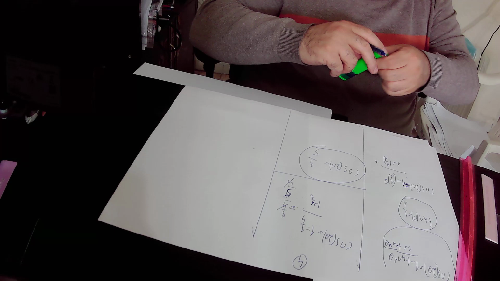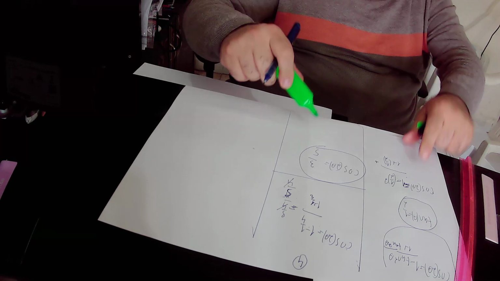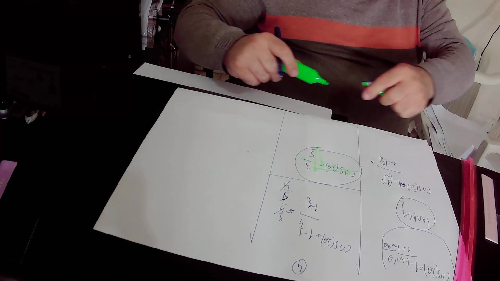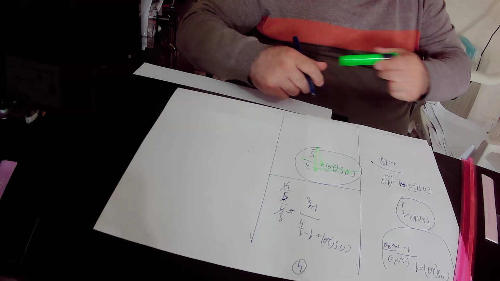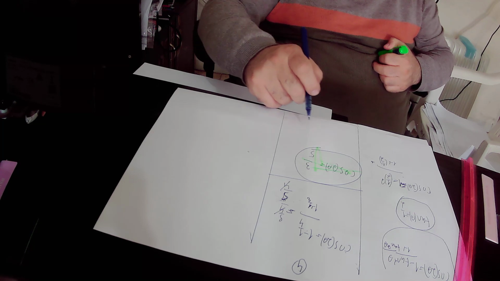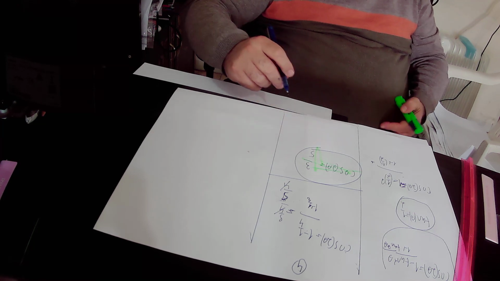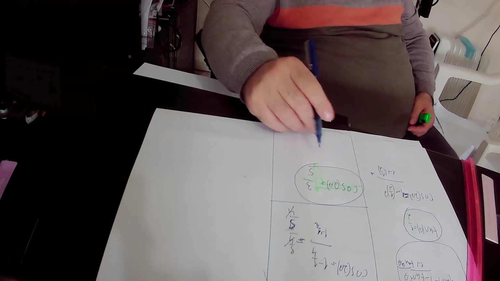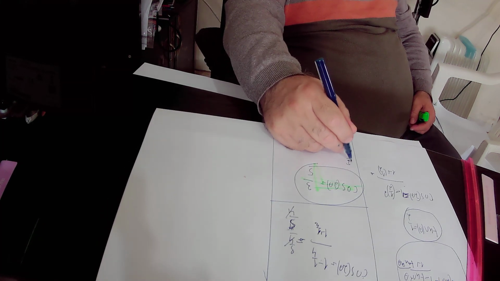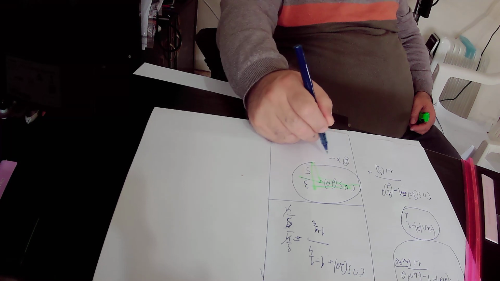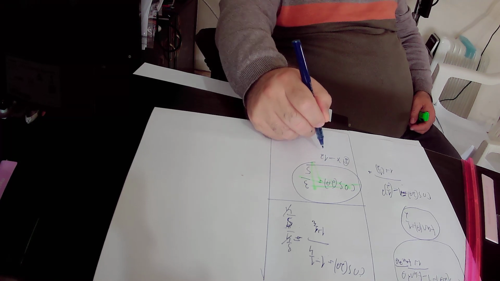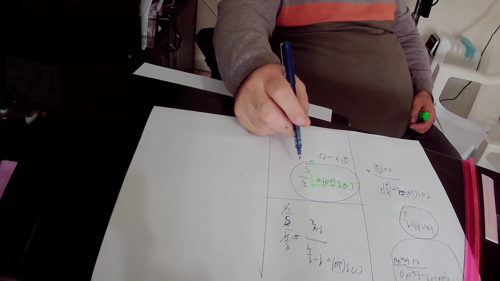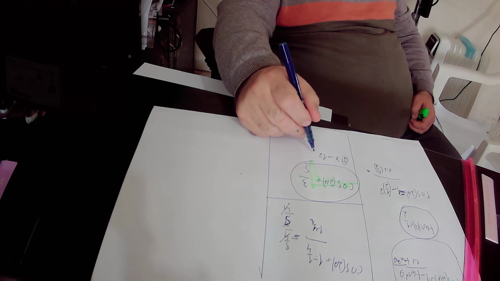Now we can substitute cosine 2 theta in equation number 1 by 3/5, because cosine 2 theta equals 3/5. According to equation number 1, x equals 12 times cosine 2 theta, and cosine 2 theta equals 3/5.